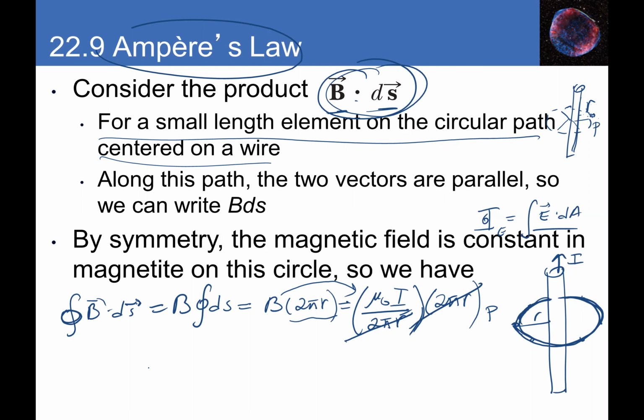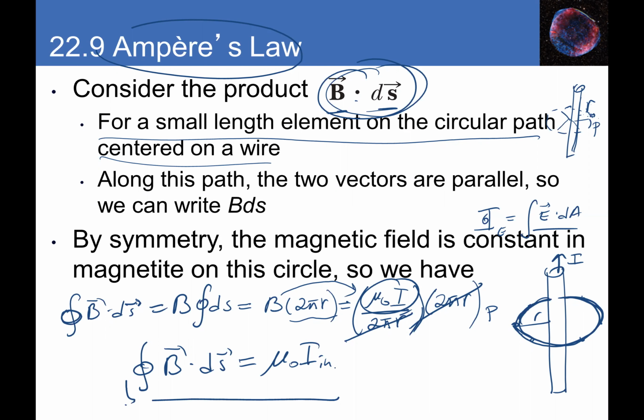That means this integral of B dot ds is equal to nothing but what remains, which is a constant times the current inside or enclosed in my loop. And this is then what we use as Ampere's law, okay? That's very similar to the integral of E dot dA equals Q inside my Gaussian surface over some constant epsilon naught.